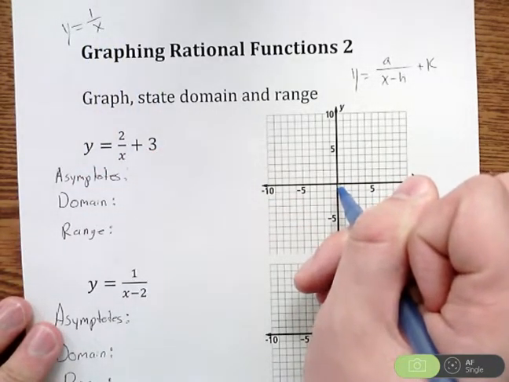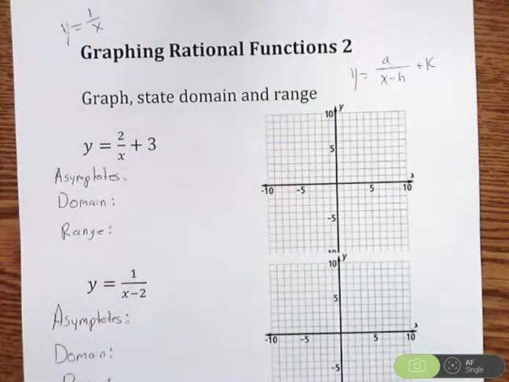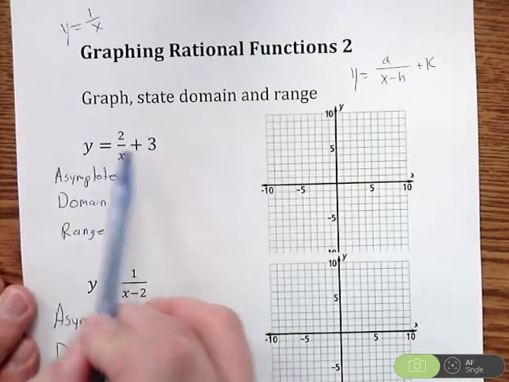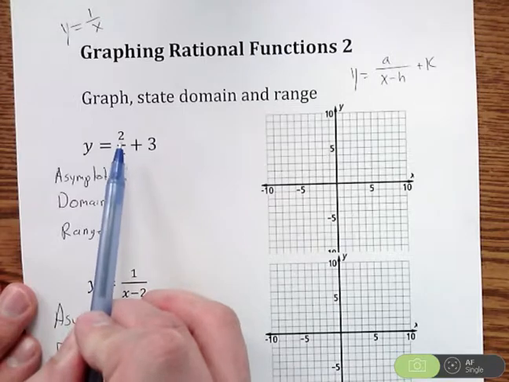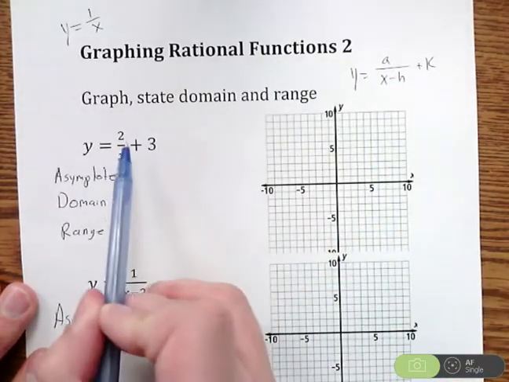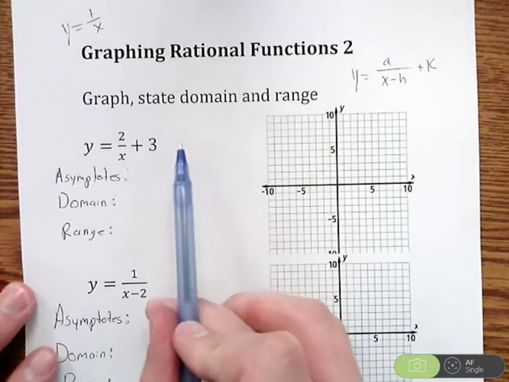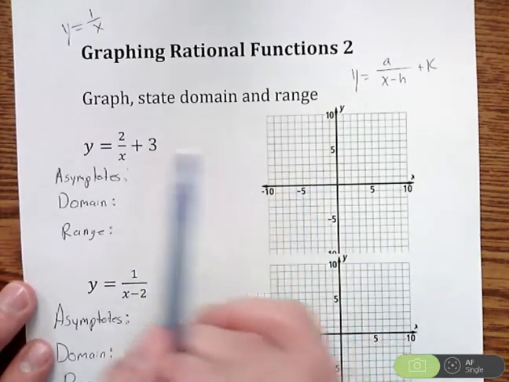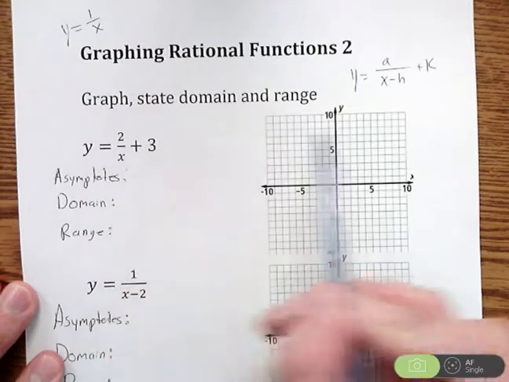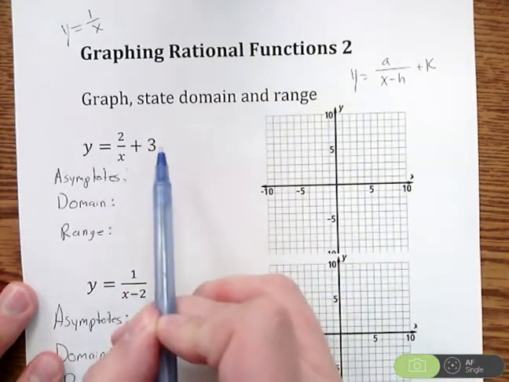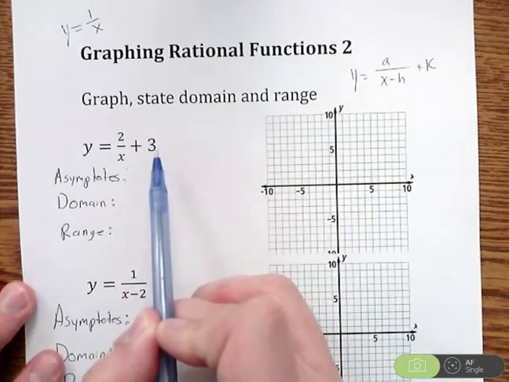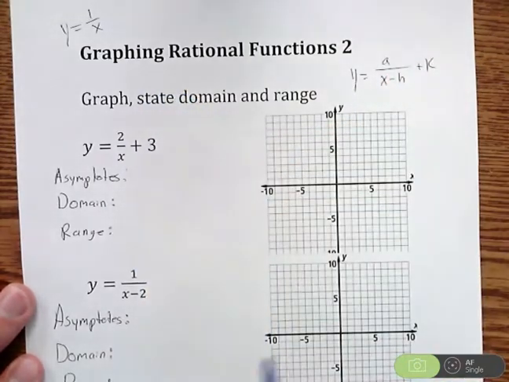It always starts at 0, 0, and we're going to talk about how the transformations move things. Well, I have two numbers here. I have this 2, which, remember, that's a, so we're going to have a stretch there. But I have this plus 3, and we need to talk about how that is going to affect my graph. Well, that plus 3 is in the k position. That's on the very end, so that is going to slide everything up 3.